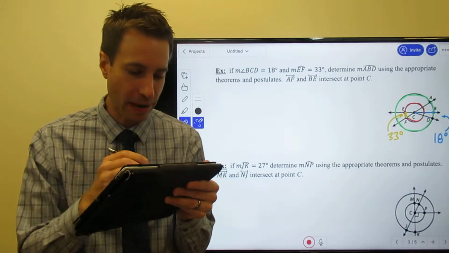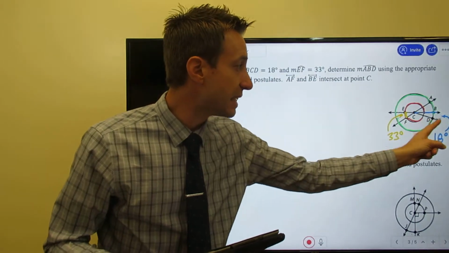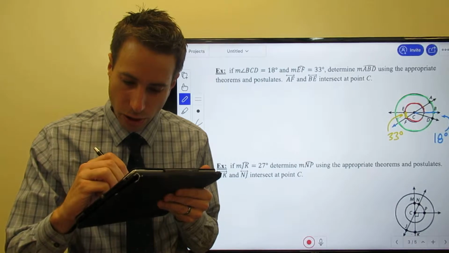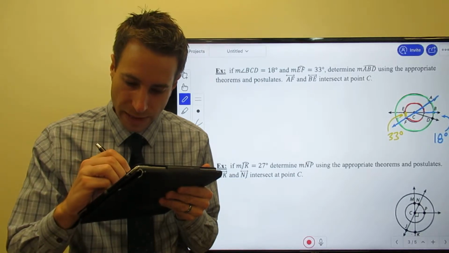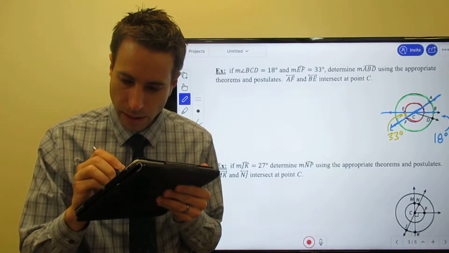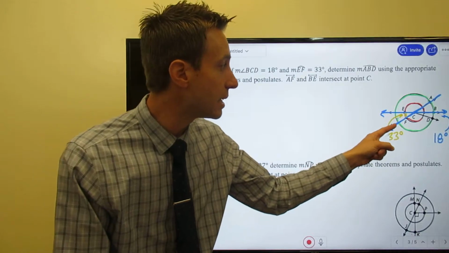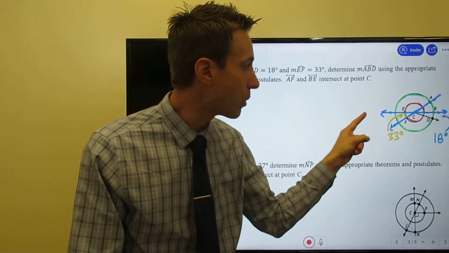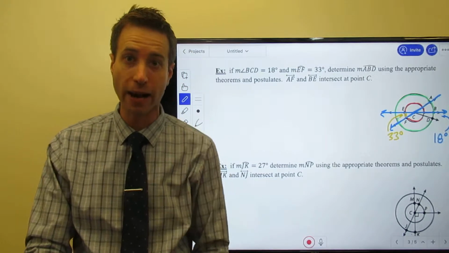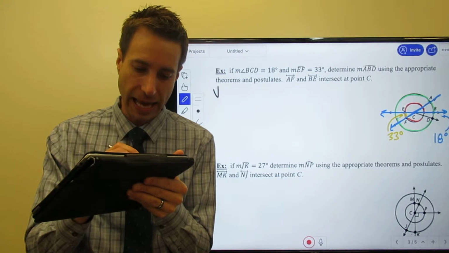So we've already talked about the measure of angle BCD. We know that that's 18 degrees. Right now I want to use this blue marker to trace over these two lines right there and right there. A really important note, something that we've seen before: anytime you have two intersecting lines, you will always create two pairs of vertical angles.